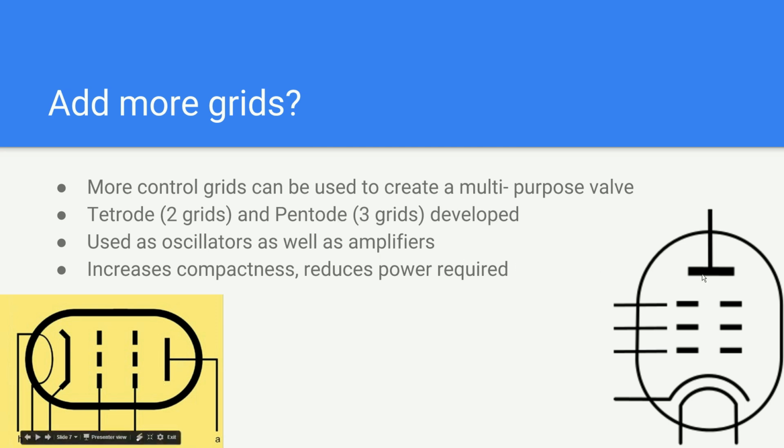They used this for either multiple amplifiers in one tube, or as oscillators, which basically just create an AC waveform, or they could do both, or just a whole bunch of stuff with it. And it increased the compactness and reduced the amount of power required too, which was a big thing.